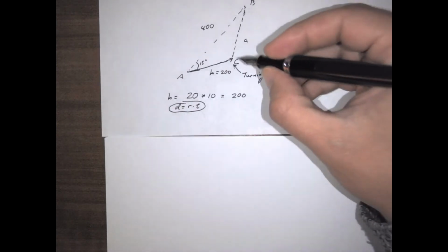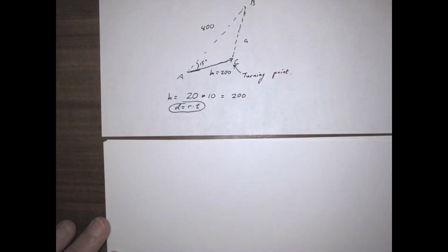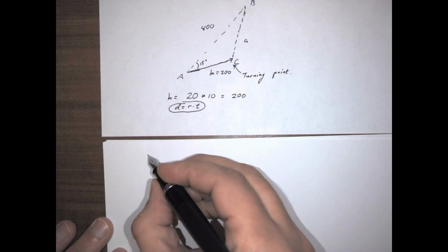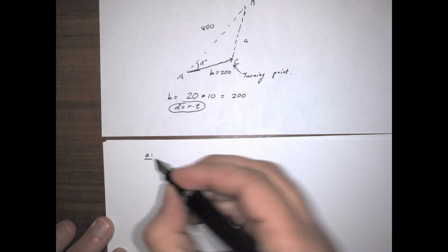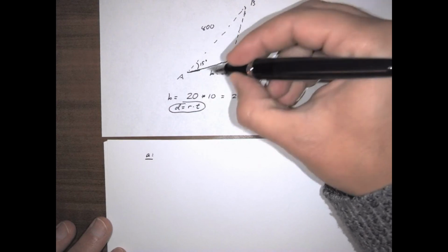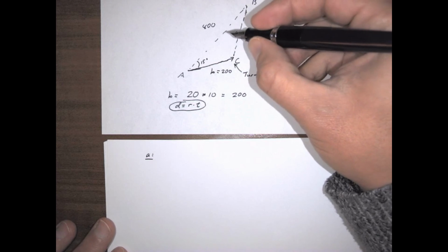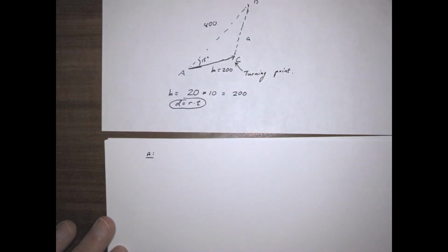So if we look at what we've got here, we do not yet, in fact, have the immediate ability to answer the question of the angle. We have to actually first find side A. So we'll find side A to begin, because in order to find an angle, we need to have the sides around it, according to the law of cosines, and then one other piece of information, like the side against it.